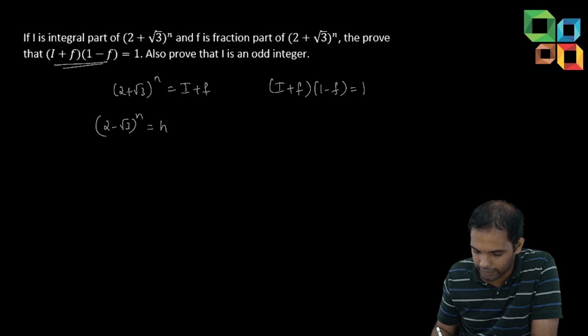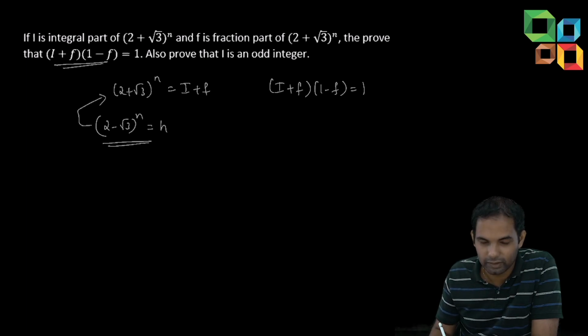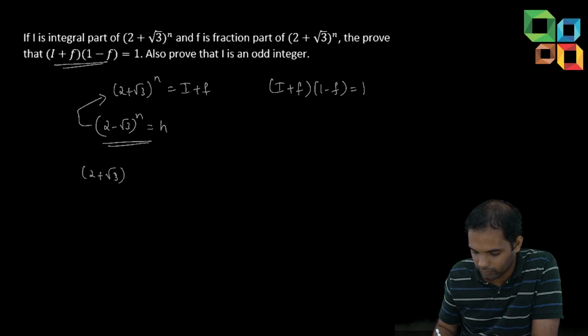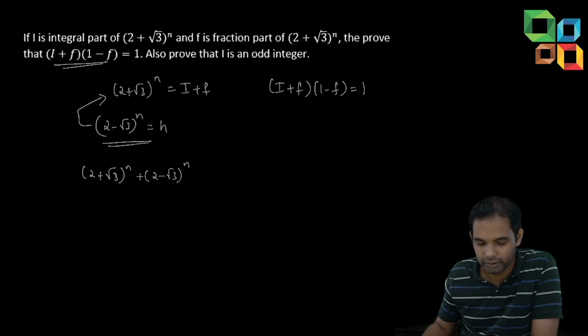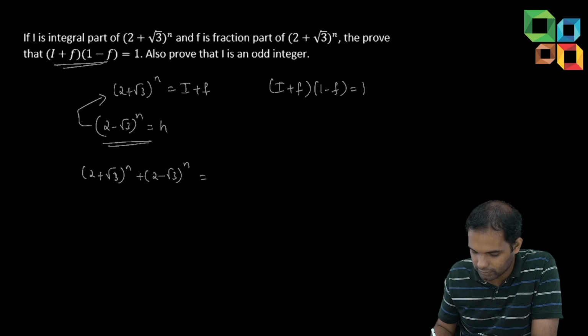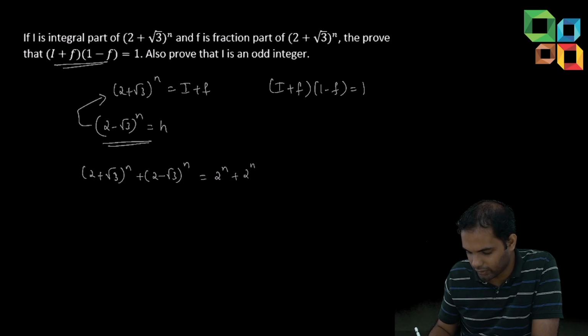Why am I telling you this? Because if I multiply these two, or in other words, instead of multiplying, let us add. I just want to show you what I'm going to get if I add these two. Let us look at the terms. First is 2 power n. Next term is nC1 into 2 power n minus 1 into root 3, an irrational term.